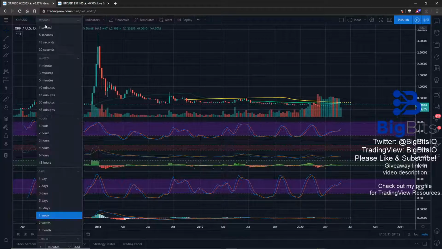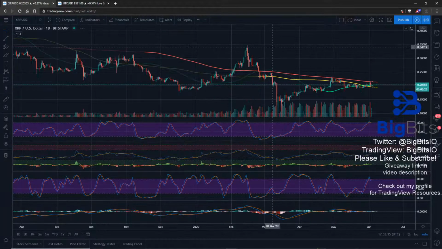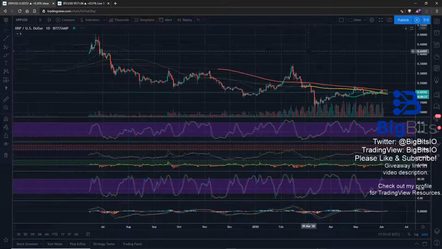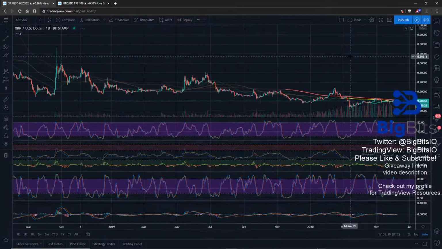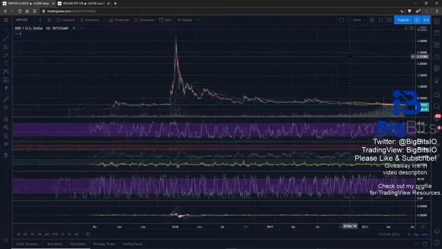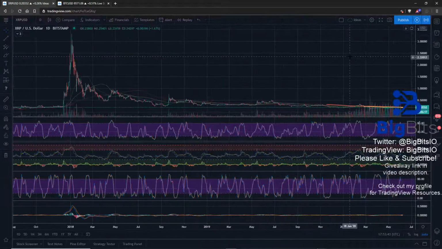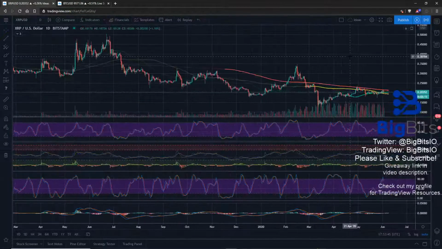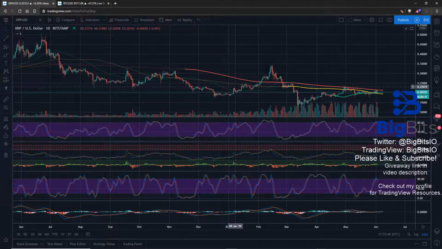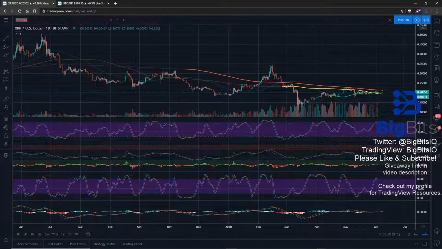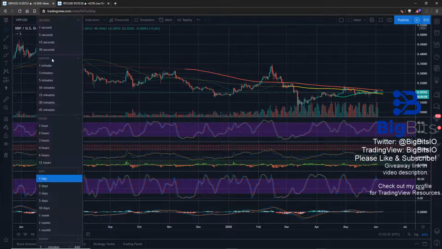Yeah, we'll use Bitstamp. Let's go to the daily chart. This is versus the dollar. Somewhat similar to the other ones we're looking at, but it's only trading at 20 cents. Really nothing too important here. Let's take a look at it versus the weekly.